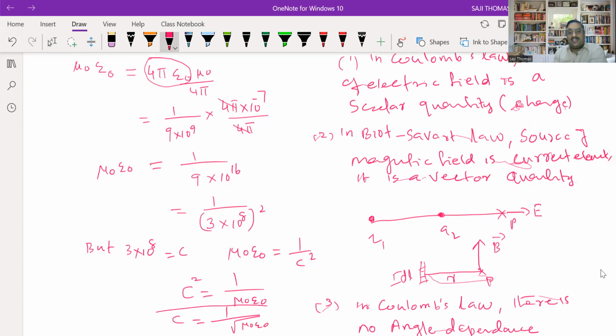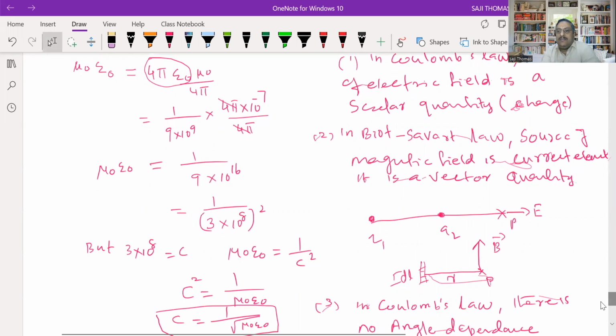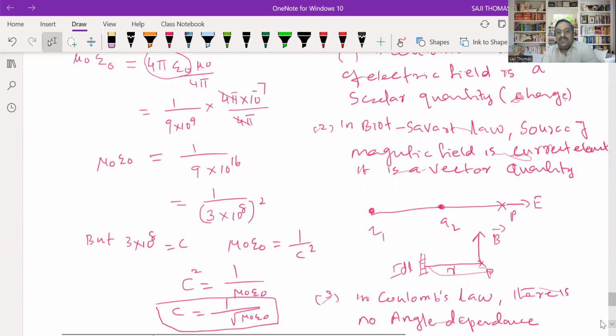This is an important result. Epsilon 0 is known as permittivity, and mu 0 is known as permeability. The speed of light is related to the medium by its permittivity and permeability. This is an important result.